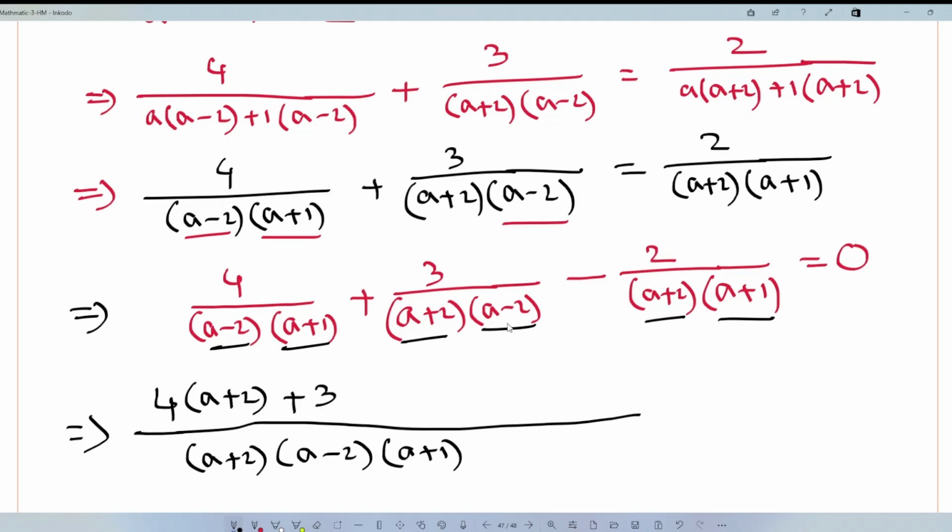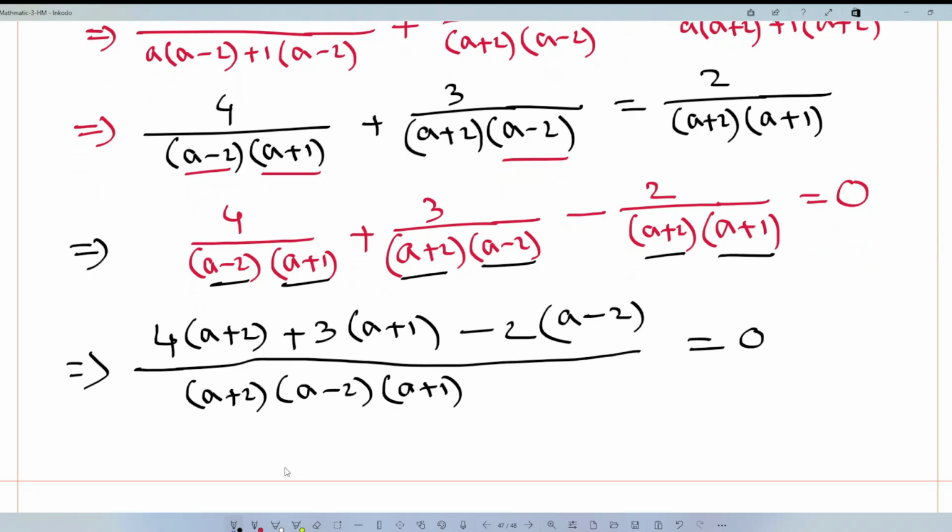Here is (a+2)(a-2). So here should be (a+1) minus 2. So here is (a+2) and (a+1). So here will be (a-2) equal 0. Okay. Then look, if we multiply with 0, it will become 0.